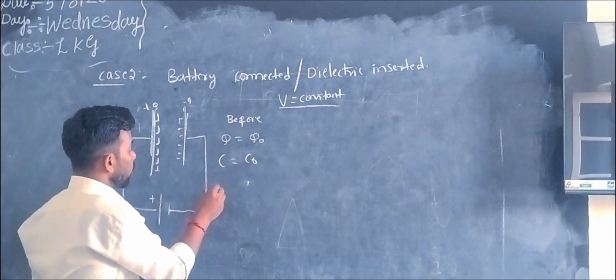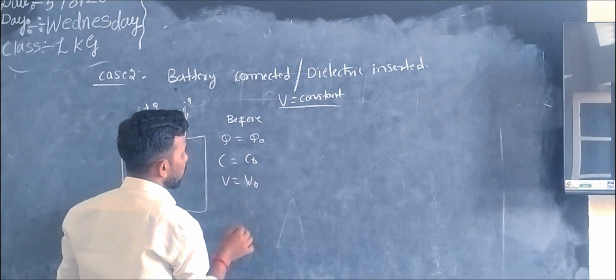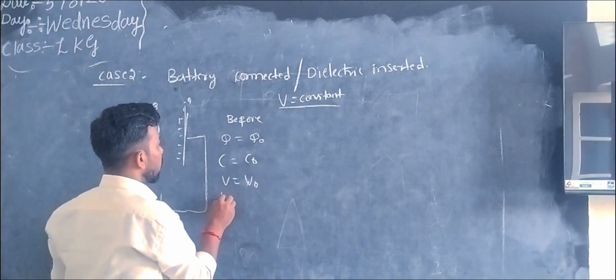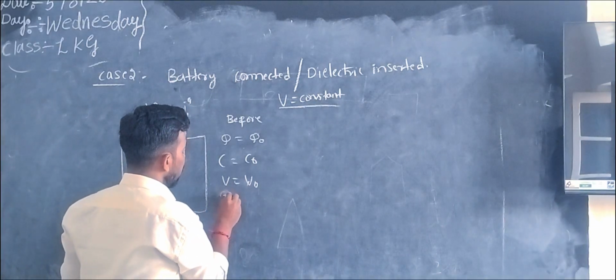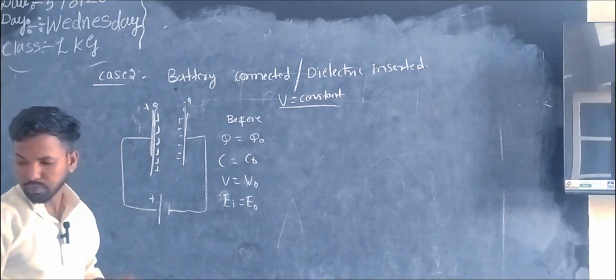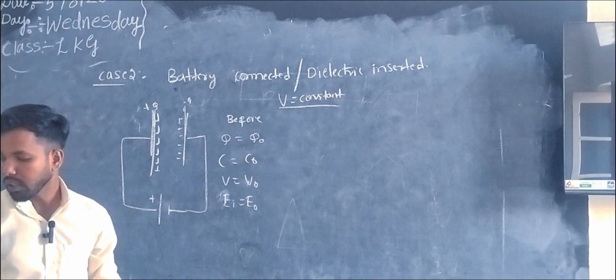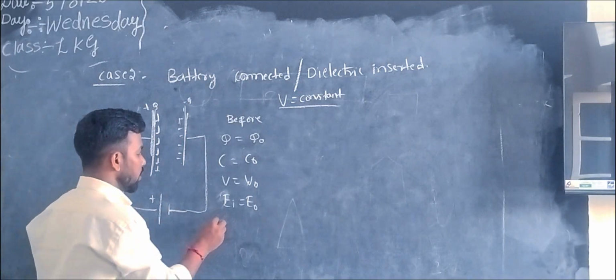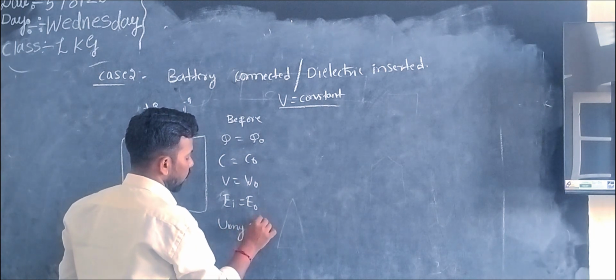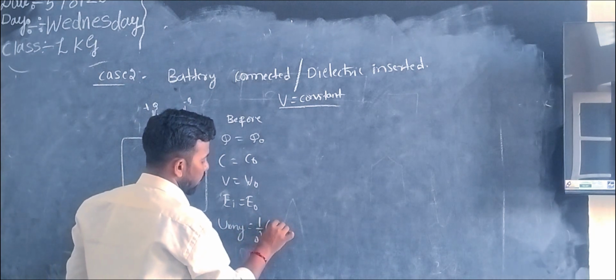Then V is equal to V0. Then what? E is equal to E0. From this, energy is equal to, what is the formula? 1 by 2 C V0 square.